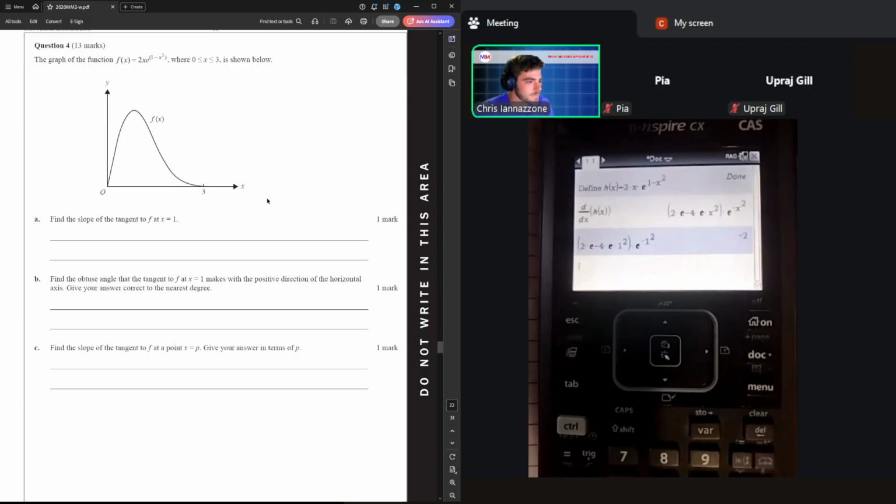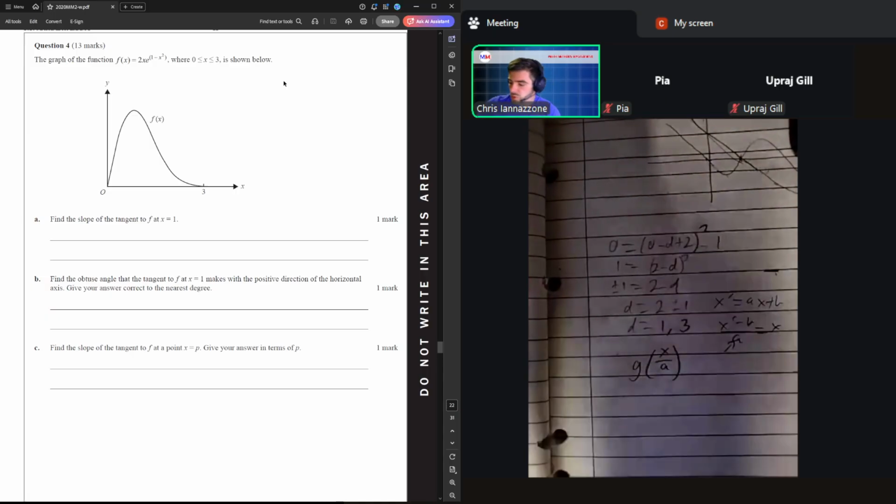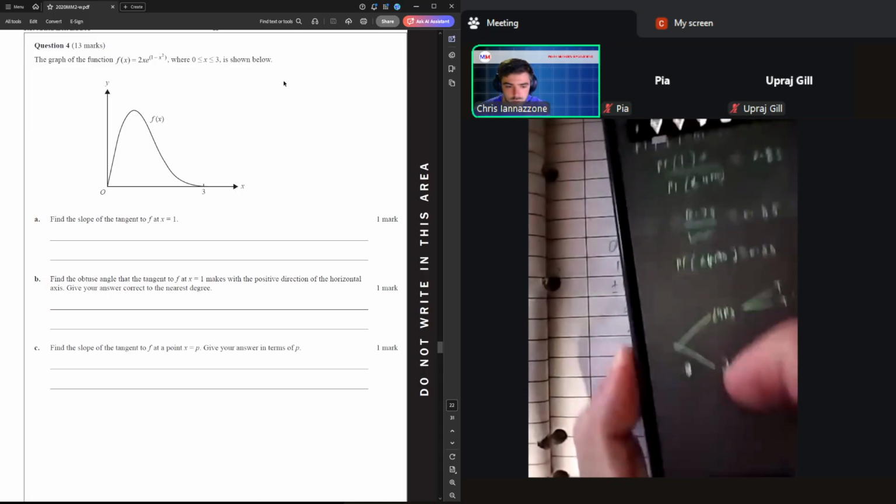So that's easy enough. Find the obtuse angle. Yeah, okay, so just convert it to an angle now. Specifically the obtuse one, though. Well, it won't be too hard to figure that one out. Which one should be which? There's only one real way you can go about getting angles from gradients.